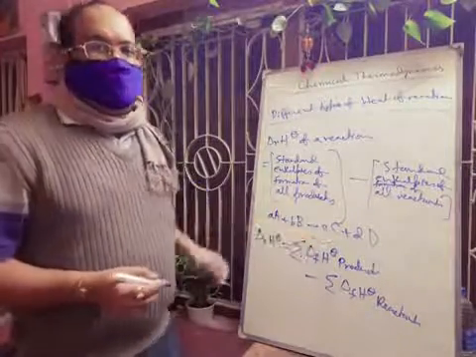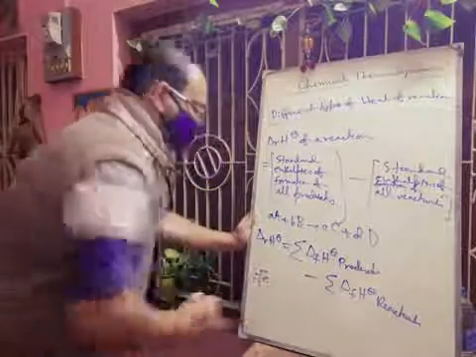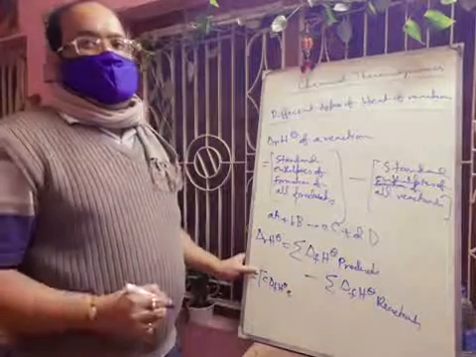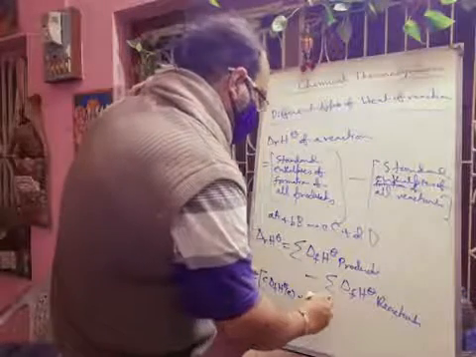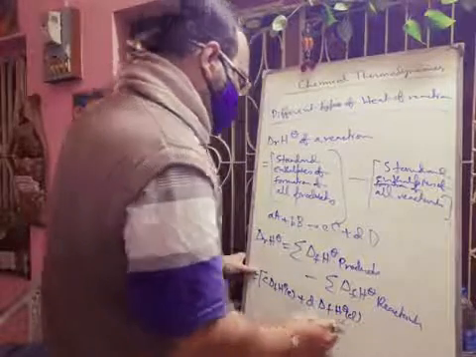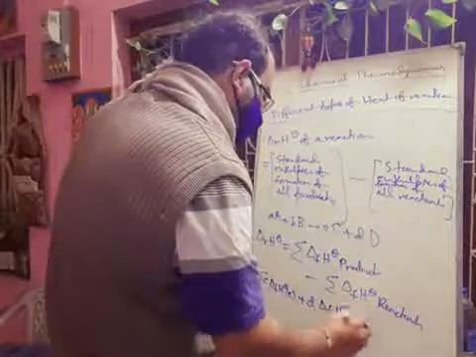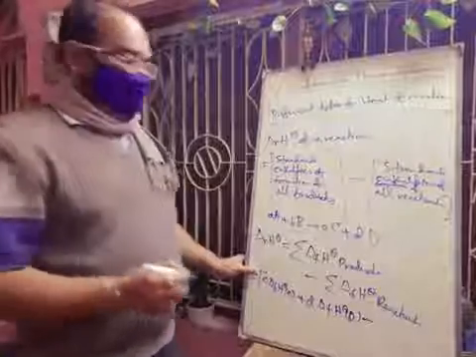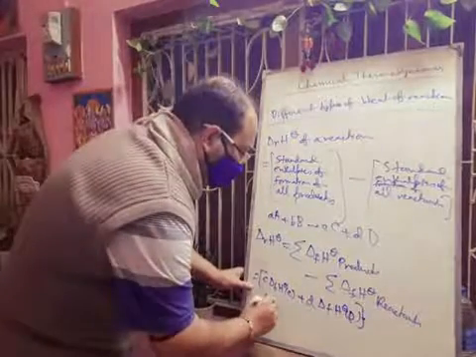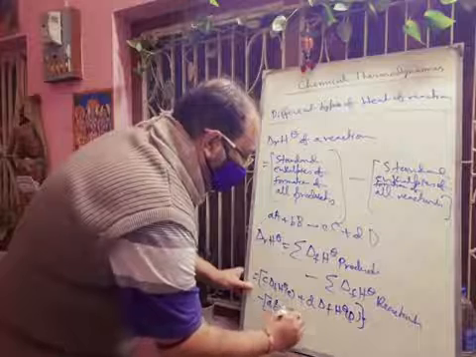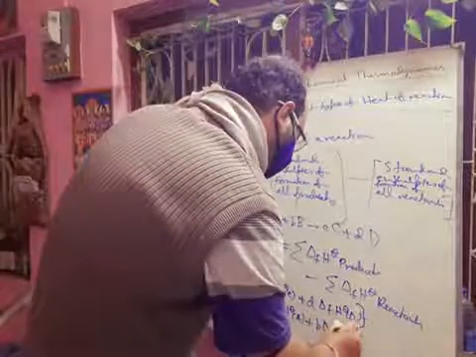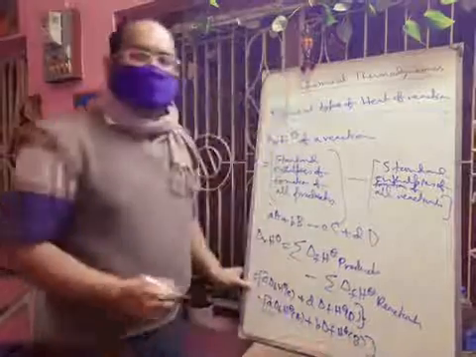So here if we put this, then we have to write C delta F H theta C plus D delta F H theta D, minus, you can give it third bracket, minus A delta F H theta of A plus B delta F H theta of B. We will discuss numericals from this part also.